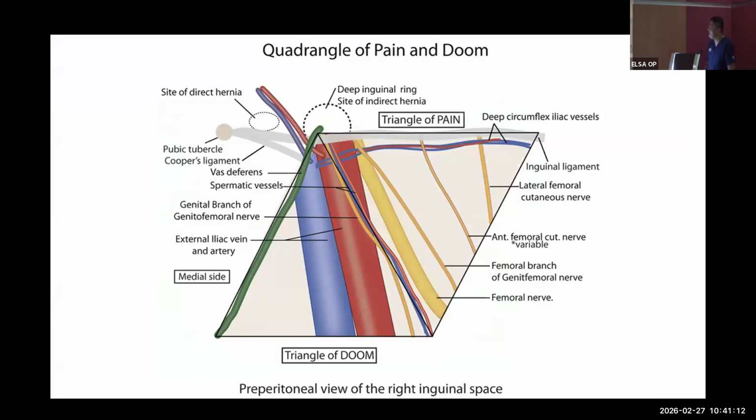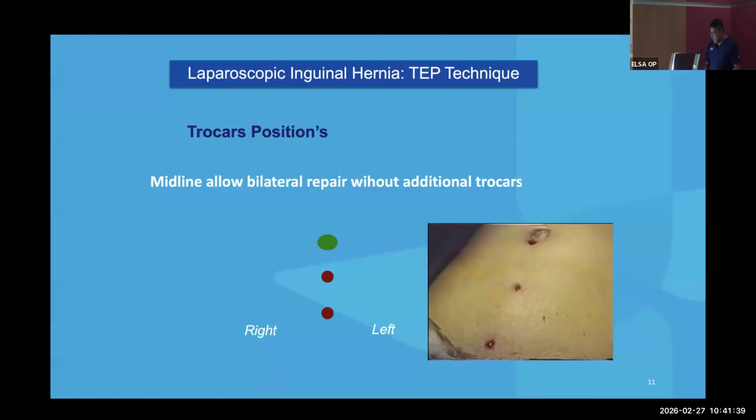Kathleen, how many layers does the transversalis fascia have? Oh, very good. She's one of the very few people in the world who knows that there are 4 layers in the transversalis fascia. One of the layers actually covers all your nerves. So if you disturb this, it's a risk factor for you to get pain. If you do TEP, you do the surgery between the 2 main layers of the transversalis fascia. Okay, and this is the triangle of doom. I'm sure you're familiar with that.